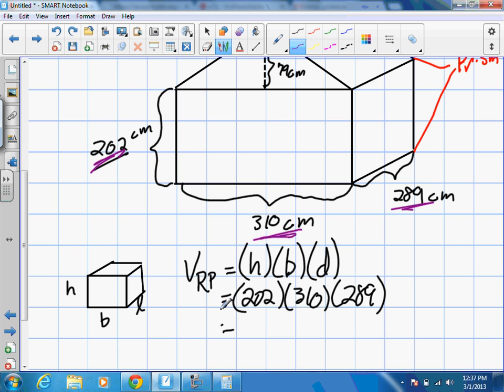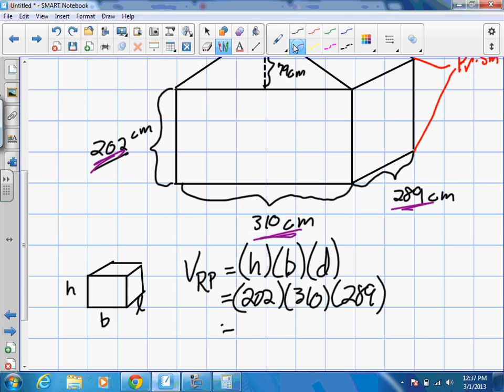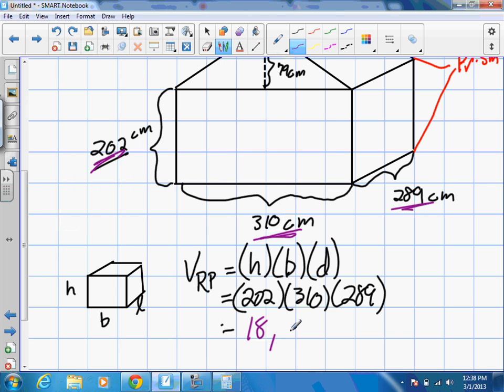I'm going to multiply those values. 202 times 310 times 289 is equal to 18,097,180 centimeters cubed. That's very large.